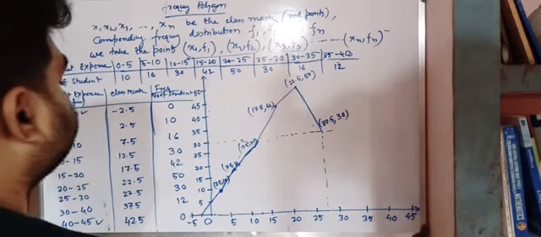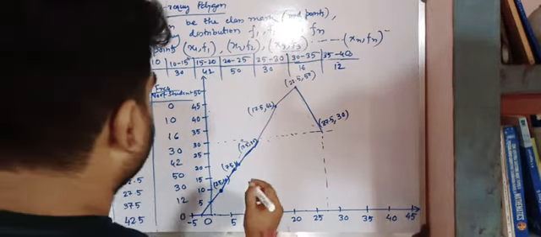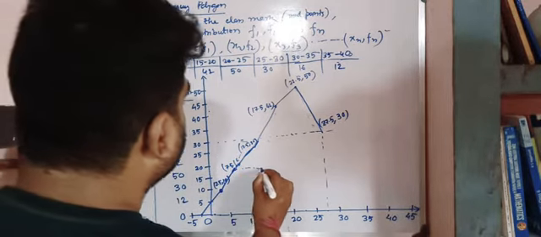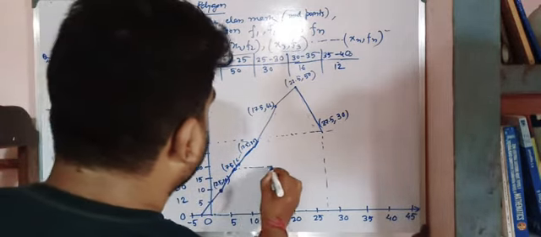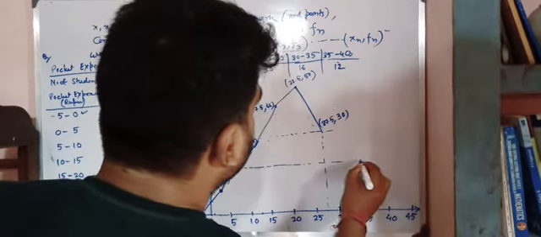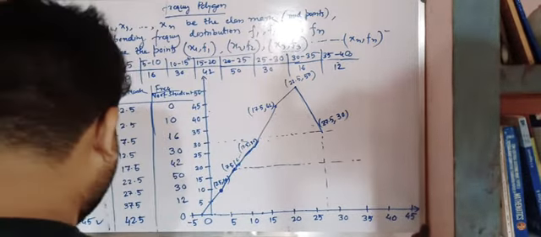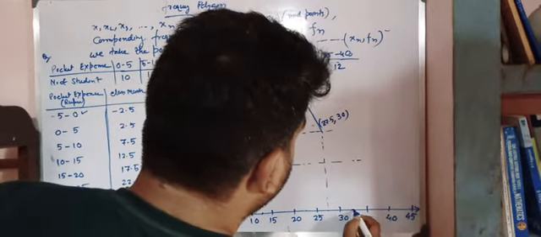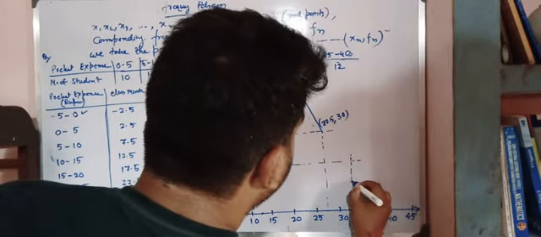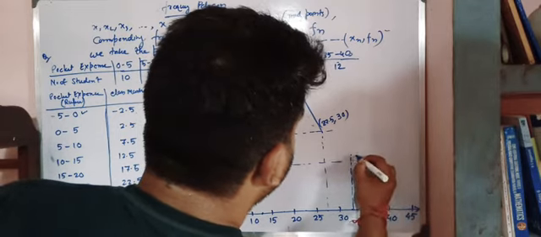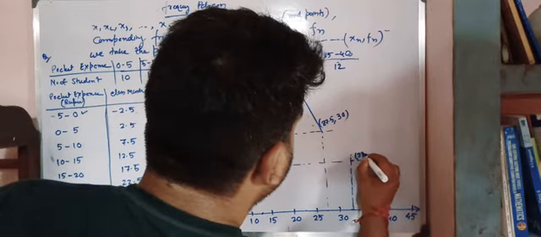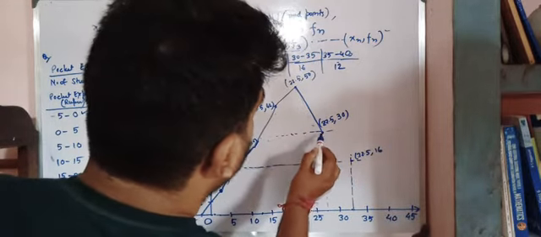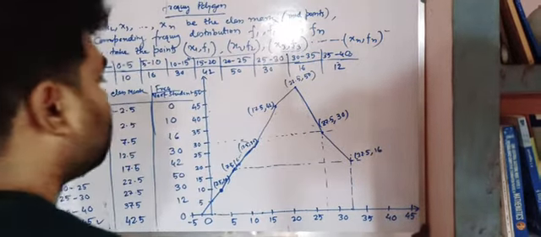Next 32.5, 16. This would be my 16 label. 32.5. This is 32.5. So the intersection of these two lines, this point, 32.5, 16. So we are drawing 32.5, 16.